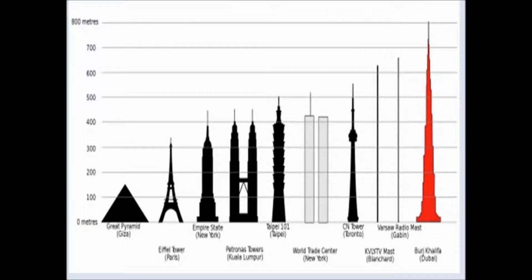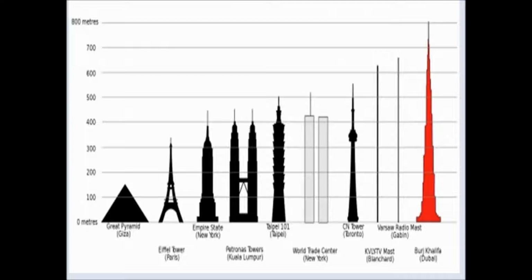Here are some references. You can see the World Trade Center was a little over 400 meters. That's a quarter mile. 1,600 meters again would be a mile. So you can see some of the famous buildings.